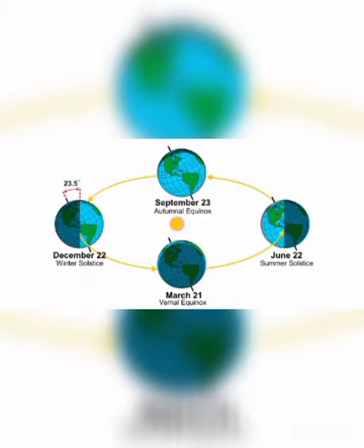Now the southern hemisphere gets more direct sunlight and has longer days and shorter nights. This means the southern hemisphere experiences summer, whereas the northern hemisphere experiences winter. Okay, can you understand? Okay.